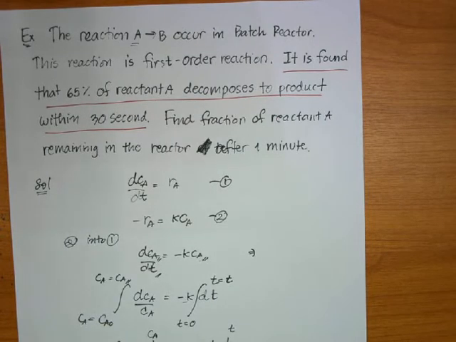You put A in at 100% at the beginning, but after 30 seconds, you find out that 65% of A decomposed. So what would be the amount of A still left inside the reactor when the time is 30 seconds?